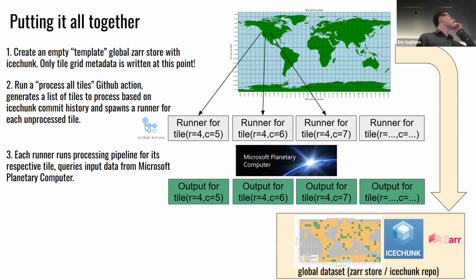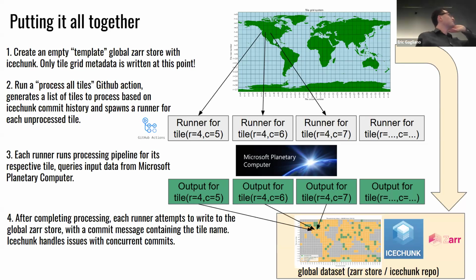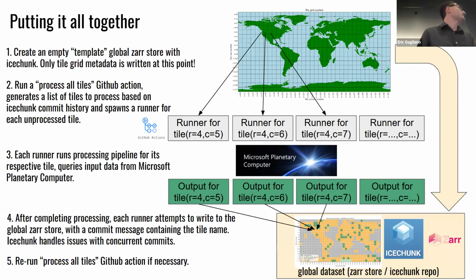And it's going to query data from Microsoft Planetary Computer, do its computations, create its output. And then after the processing is complete, each runner is going to write to the global Zarr store. So it was once empty, but you'll continually build up your data set over time. And if there are any failures along the way, you can just rerun this one GitHub action, and eventually all your tiles will fill up.